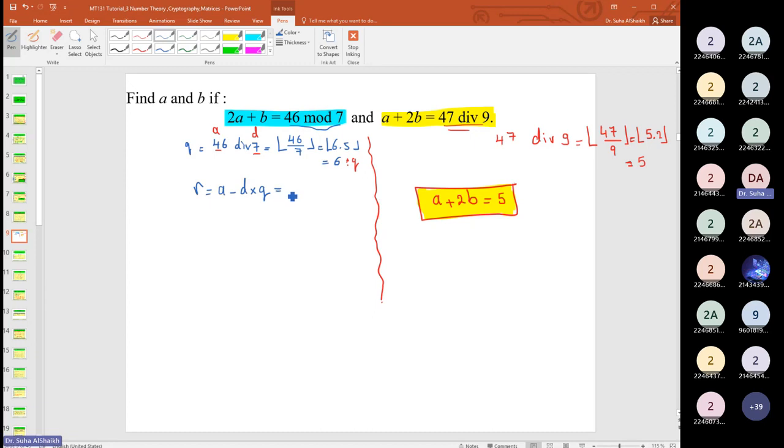My A is 46, my D is 7, and the Q, we already have it here, is equal to 6. So this equals 46 minus 42, which equals 4. So my equation will be 2A plus B equal to 4. You got it now.